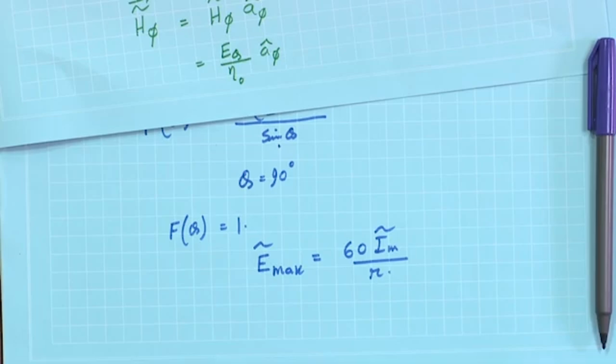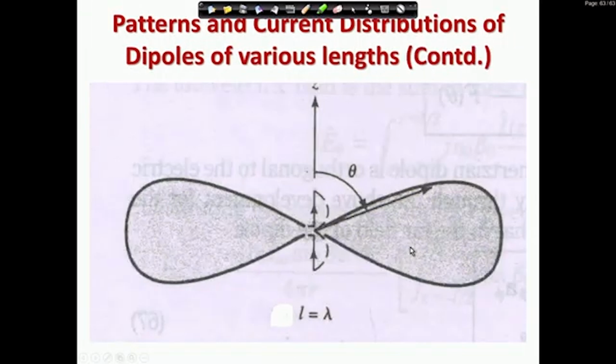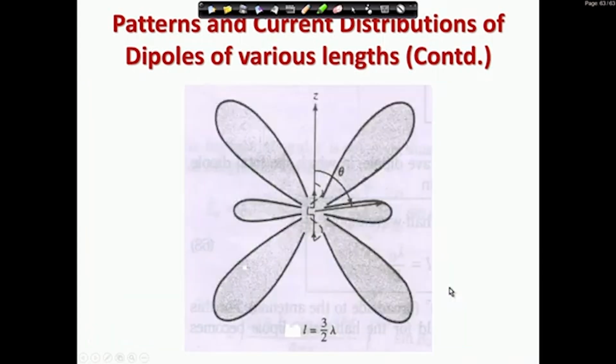In the elevation pattern we have this for lambda by 2. If we take L equal to lambda, it is like this. If we take L equal to 3 by 2 lambda, the pattern will be split into various lobes. There are a total of 6 lobes in the case of this 3 lambda by 2, etc.